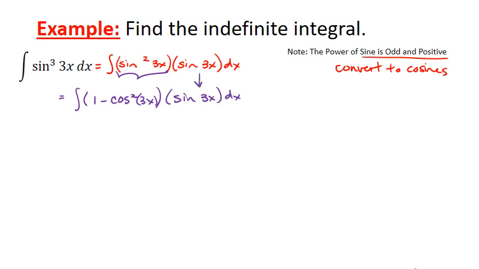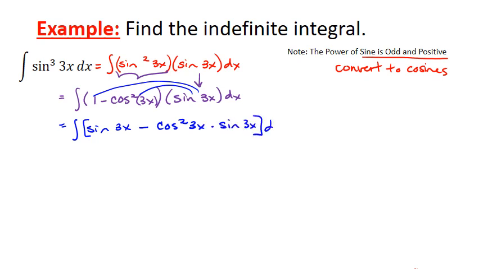Just like before, I'm going to distribute this. When I do, I have the integral of sine of 3x minus cosine squared of 3x times sine of 3x dx.